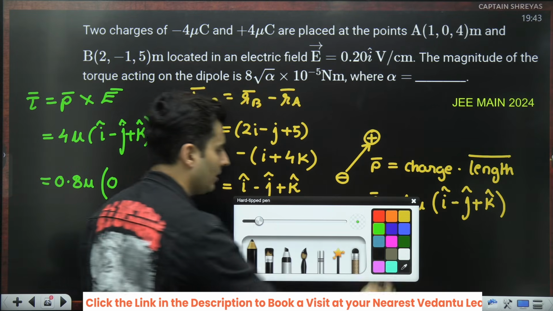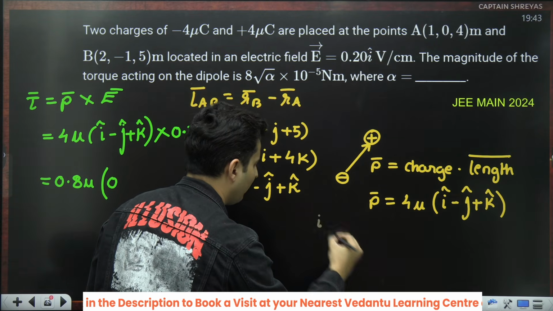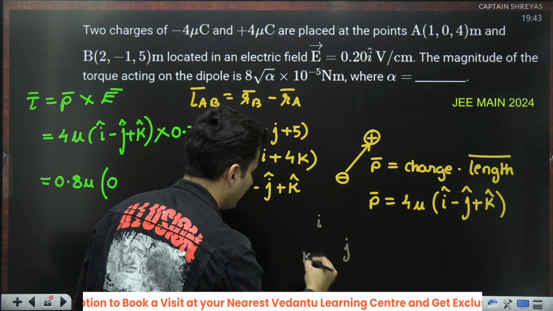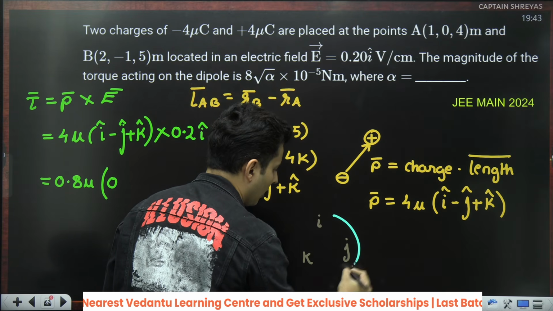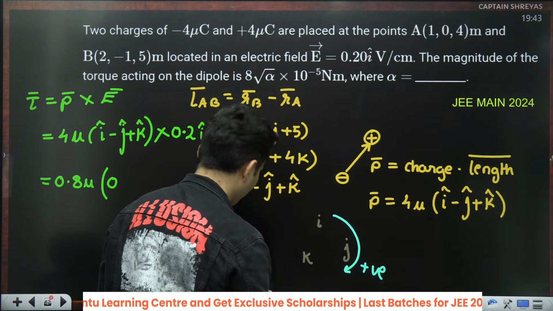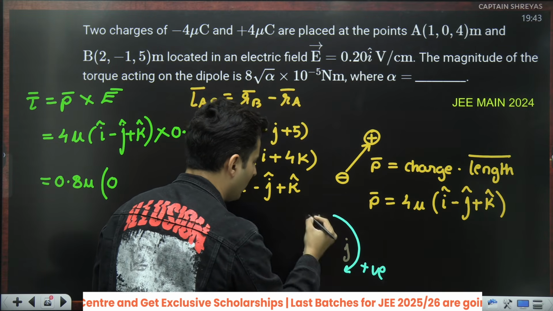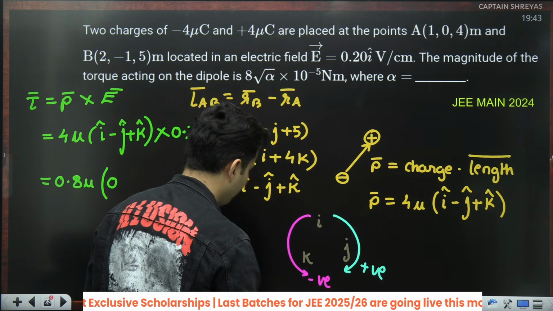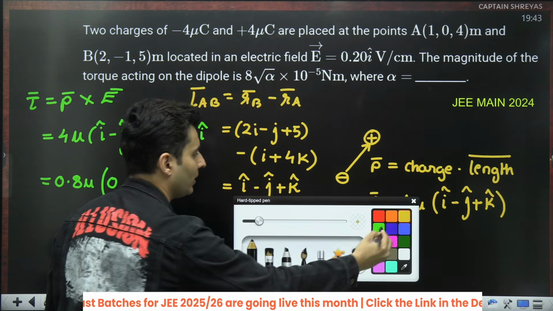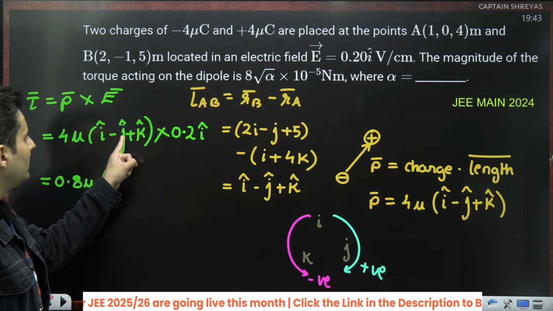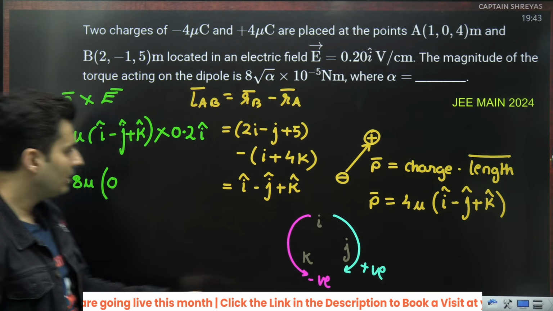Well, think about it. That cyclic form I have given a small trick. You write ijk. If you go clockwise, it is positive, whereas if you go anti-clockwise, then it is negative. So using that logic, let's figure out what do we get over here. J cross i.